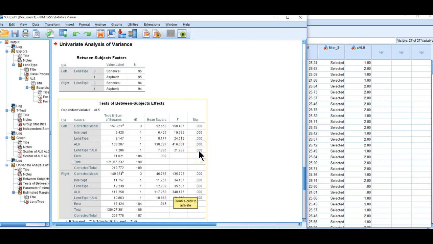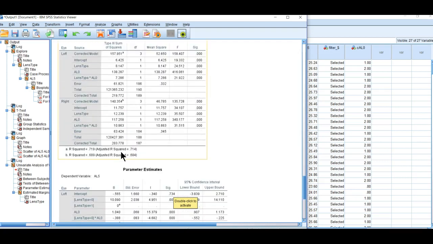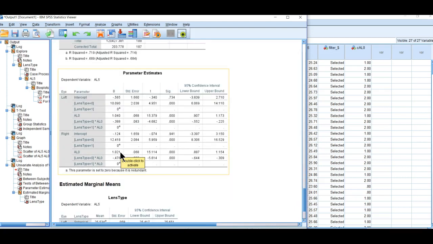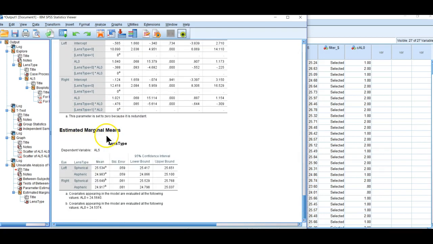Now that makes our interpretation a little bit more difficult, because what this means is the effect of lens type at 5 years depends on where you started out at baseline. So we basically are going to ignore these expected marginal means, these 24 and 25, like in the t-test, which we just did.